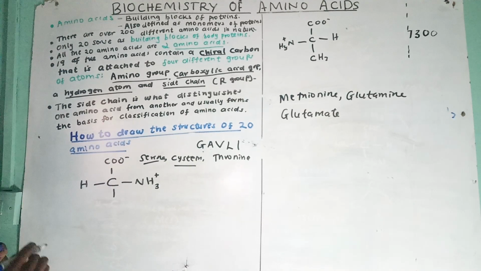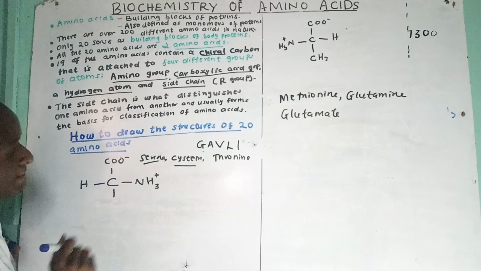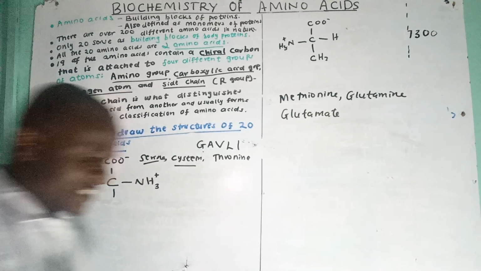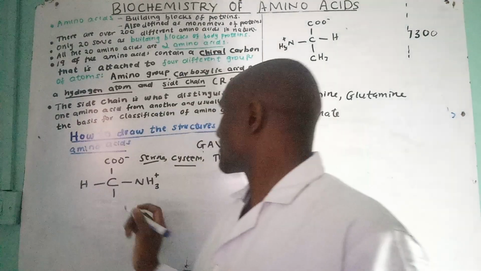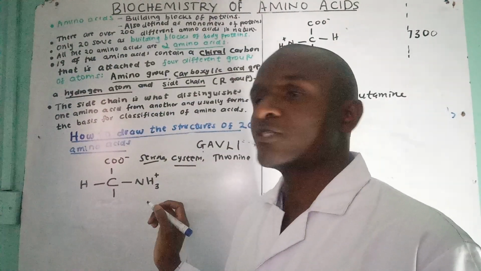So glutamate has addition of two carbon atoms, and the last carbon atom has got the carboxyl group.